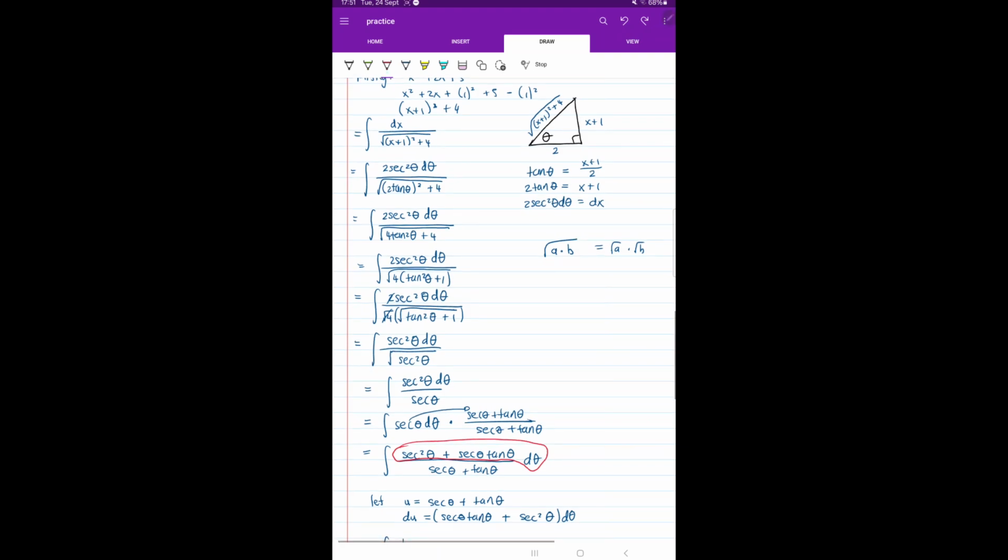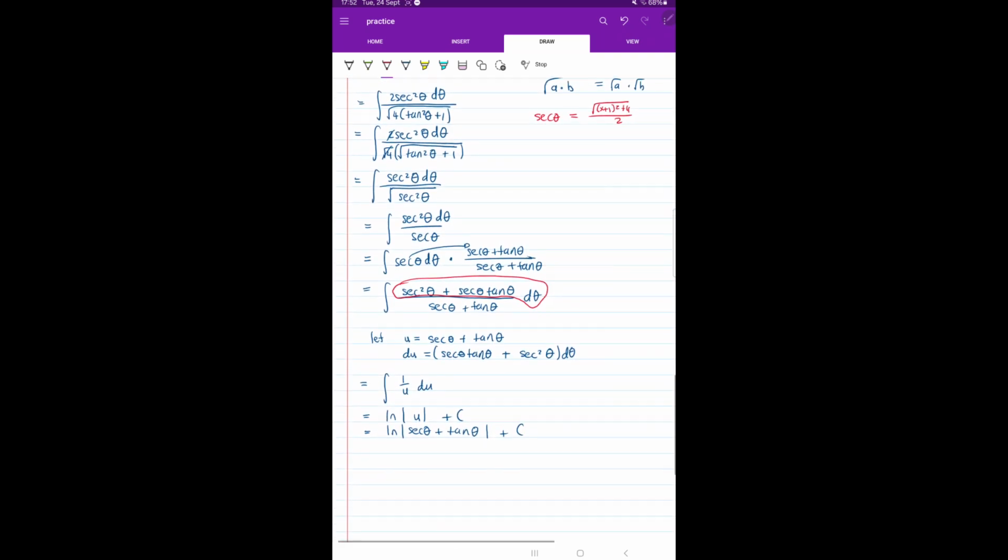So secant theta, cosine theta is what? Adjacent over hypotenuse. So this is going to be hypotenuse over adjacent. That's our secant.